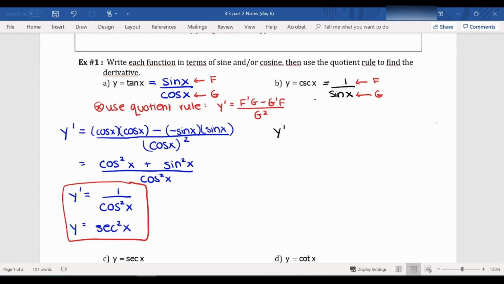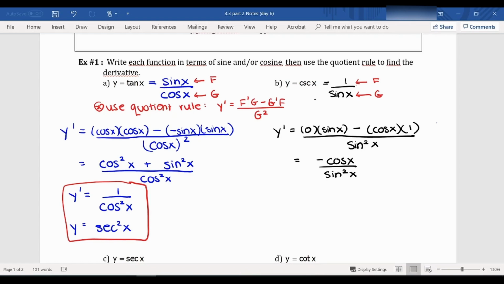This means that y prime would be the derivative of the top, which is 0, times the bottom, sine x, minus the derivative of the bottom, which is cosine, times the top, which is 1, all over the bottom squared. If I fix this up, this gives me negative cosine over sine squared.